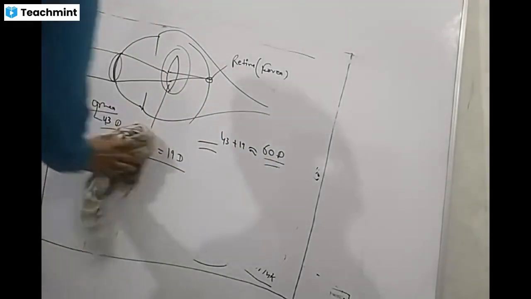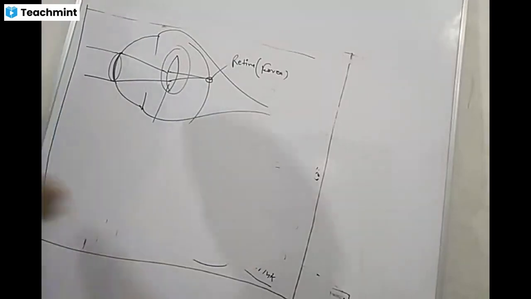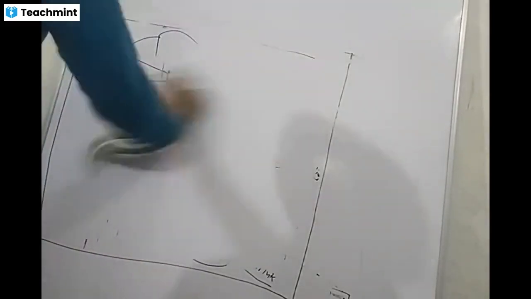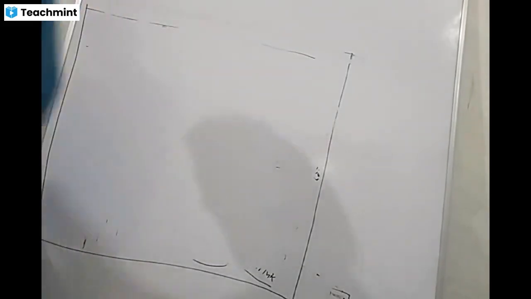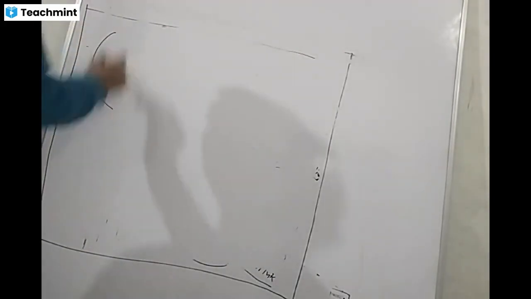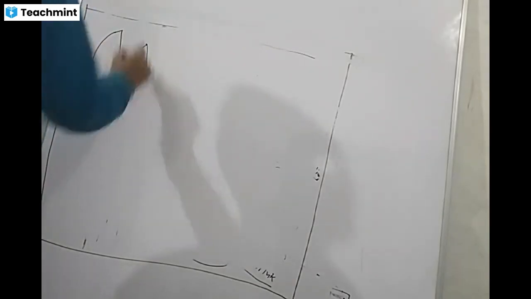So what happens in case of intracapsular cataract surgery? This is our cornea and iris. This is the lens.